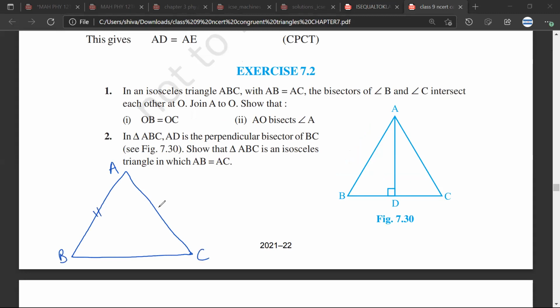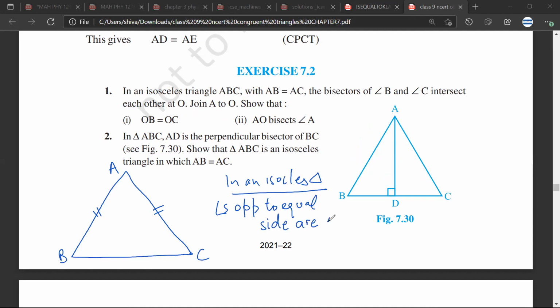Now this side is equal to this side. Now, what I'm going to prove first is that in an isosceles triangle, angles opposite to equal sides are equal. Sarthak, have you understood?